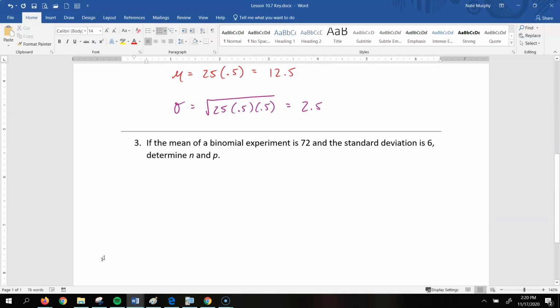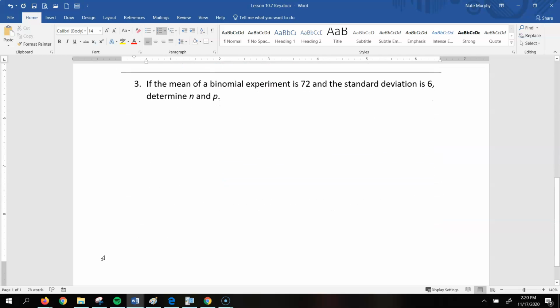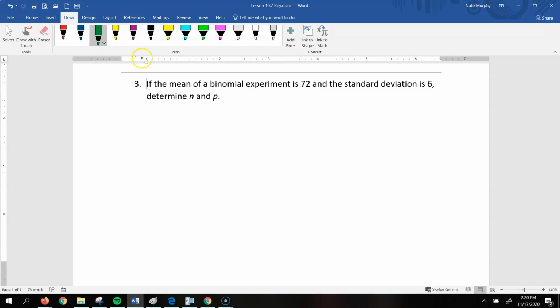Now for this last one, we're going to go through it together. This one takes a little bit more work, a little bit more thinking, and it's not quite as straightforward. We know that the mean is n times p. And we know the standard deviation is the square root of n times p times q.